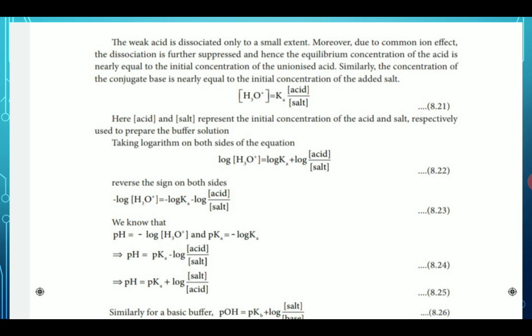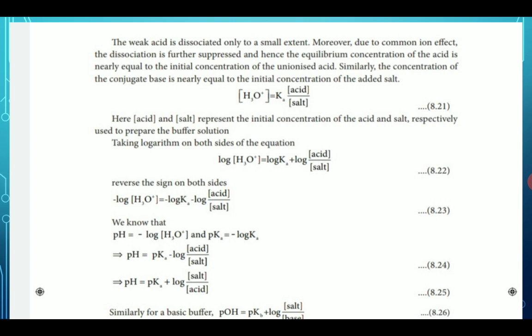Therefore, the equation becomes pH is equal to pKa plus log concentration of salt by acid. Above we are having acid by salt, here we are having salt by acid. Therefore, we have changed the sign from minus to plus. Similarly for basic buffer, pOH is equal to pKb plus log salt by base. Instead of acid, we have base.